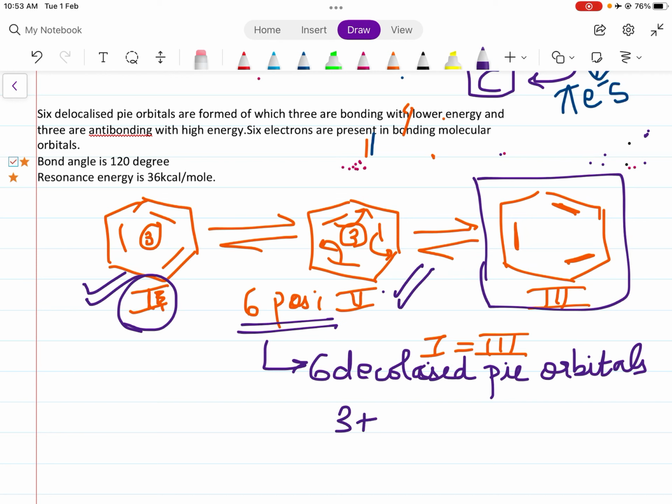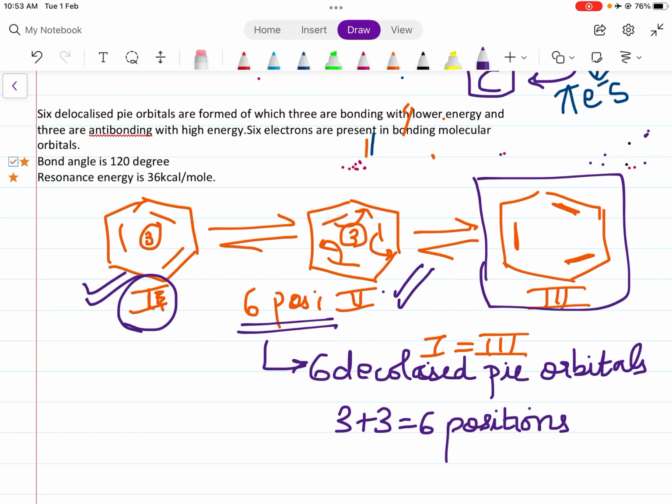So in total there are 6 positions in all. So 6 delocalized pi orbitals are formed, of which 3 are bonding with lower energy and 3 are anti-bonding with higher energy. 6 electrons are present in the bonding molecular orbital.